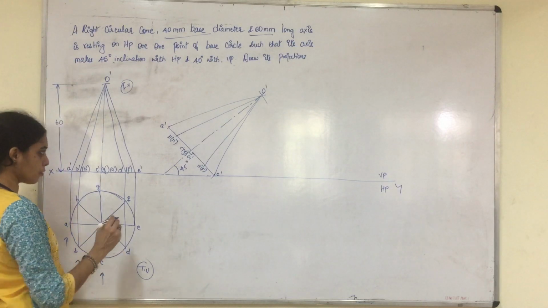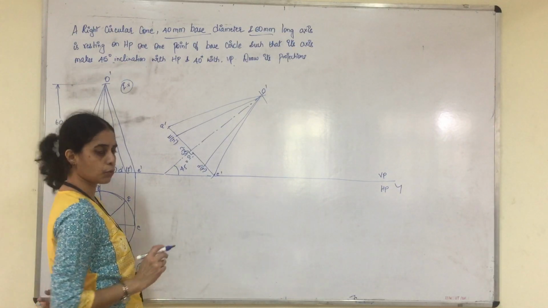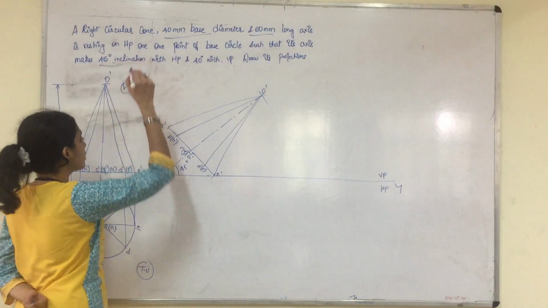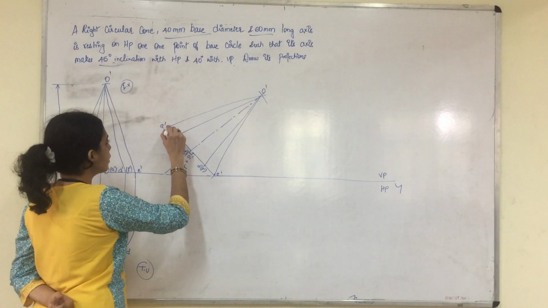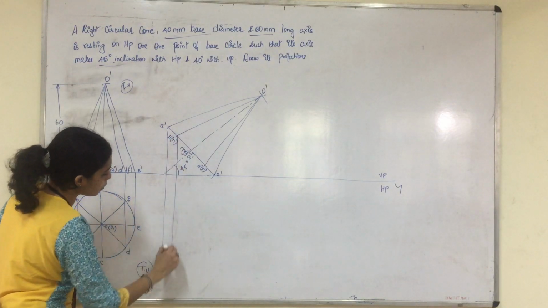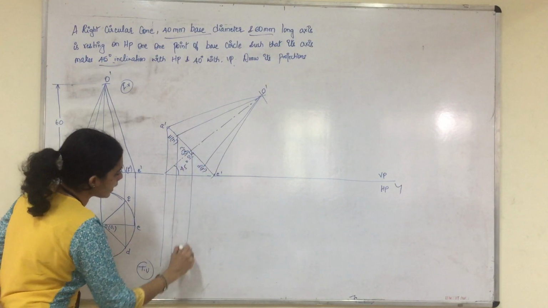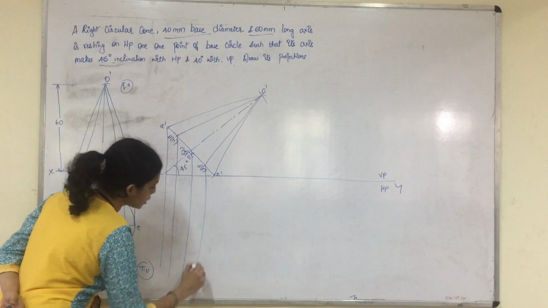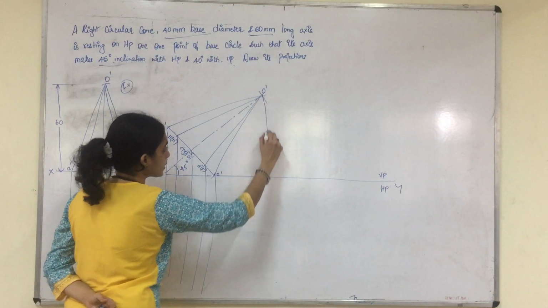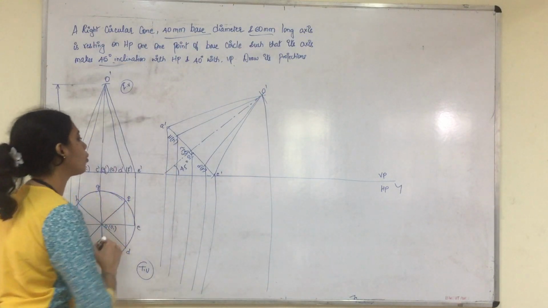After this we need to trace out the top view when the axis is inclined to HP at 45 degrees. For that, you will take the projection from each and every point: from A dash, B dash, C dash, D dash, E dash, and also from O dash.